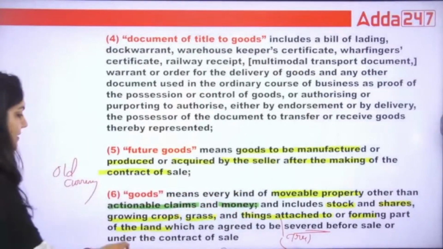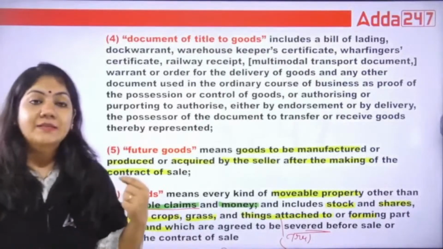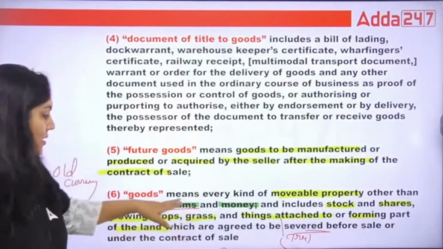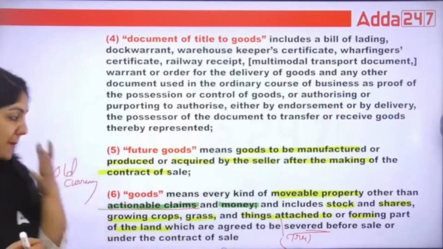And what is actionable claim? Actionable claim is basically the claim for an unsecured debt. This is called actionable claim. So I think the definition is clear.